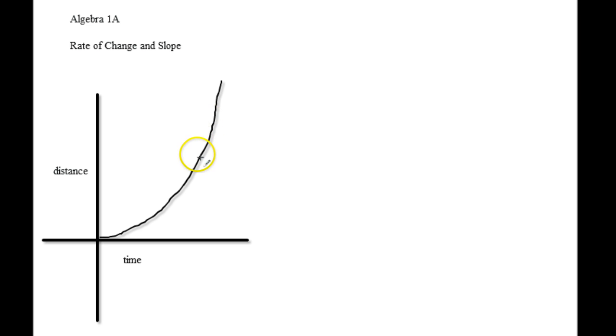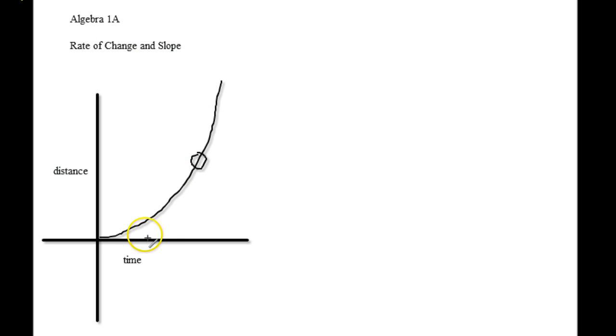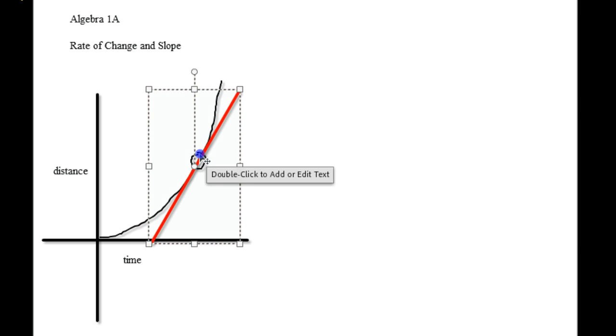So what if I wanted to know what the speed was here? That's where lines come in. They found out that they can actually calculate this, let me draw it. So let me move it over a little bit. There we go.